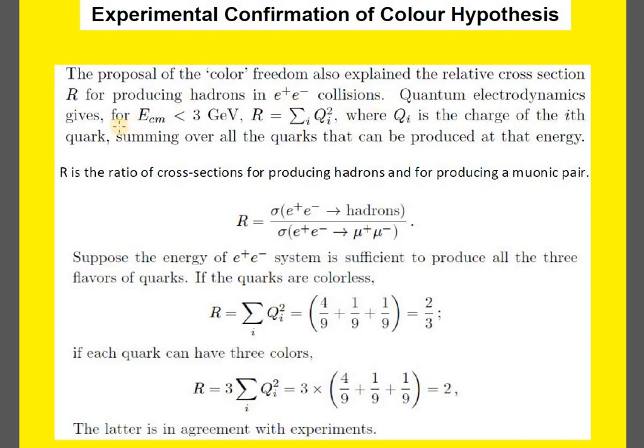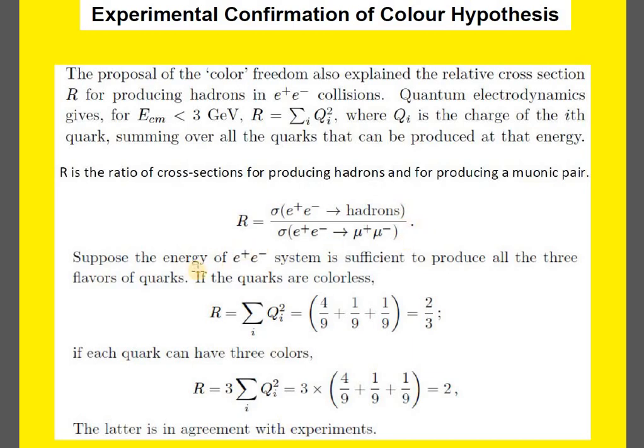QED, for center-of-mass energy less than 3 GeV, gives this value of R, being equal to the summation of Qi squared, where Qi is the charge of the ith quark, and we do the sum over all the quarks which can be produced at that energy. And what is R? R is the ratio of cross sections for producing hadrons and for producing a muon pair.